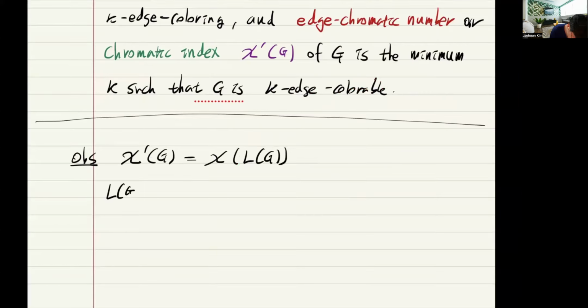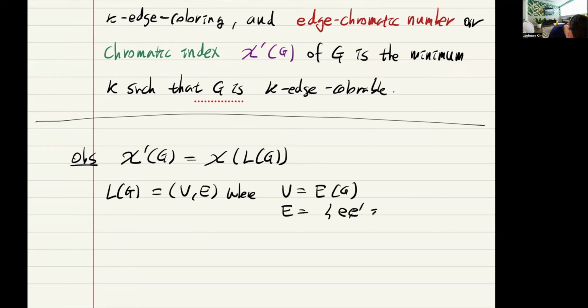We recall that the line graph of G is the graph with the vertex set as the edge set of G, and two vertices are adjacent if the corresponding edges share a vertex.